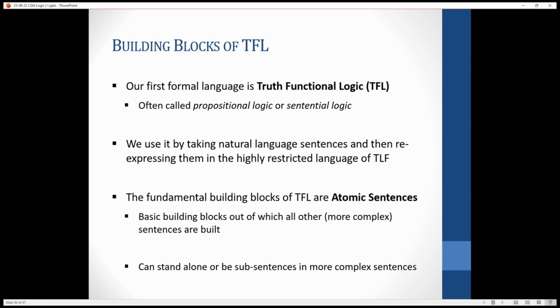Atomic sentences can stand alone, or they can be sub-sentences in more complex ones. Next week, I'm going to tell you how to build the complex ones. But first we start off with the atoms, in the sort of Democritean sense of atoms, where these are indivisible. They are the basis.